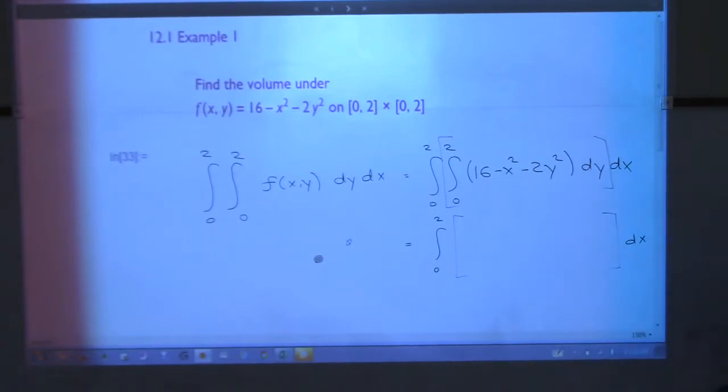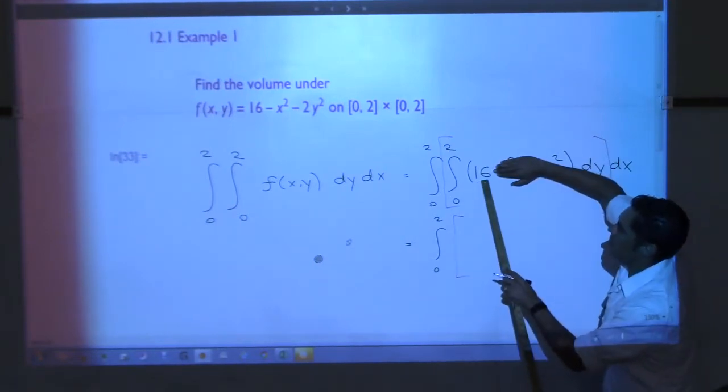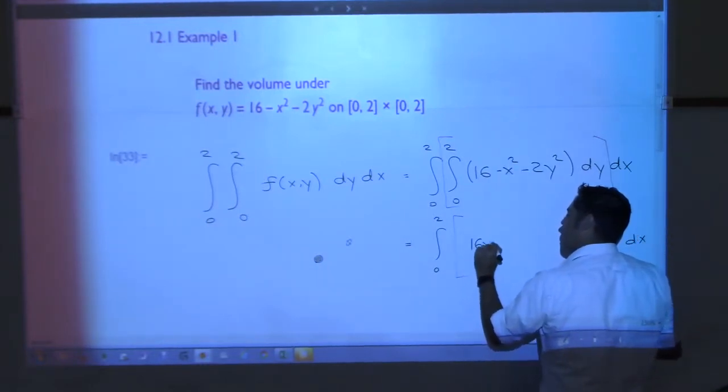Okay? Now, what is the antiderivative of this thing with respect to y? That means you're going to treat all x's like constants. So what is the antiderivative of 16? 16y. Okay?